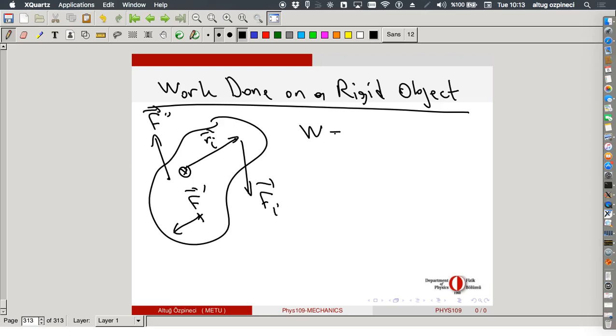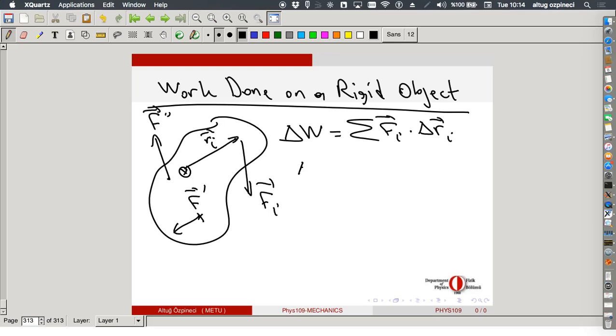Now the work done on the object, assuming a very small amount of work, to calculate the total work done, we can just sum all these small amounts of work. The work done by a very small displacement will be nothing but F_i dot delta r_i.